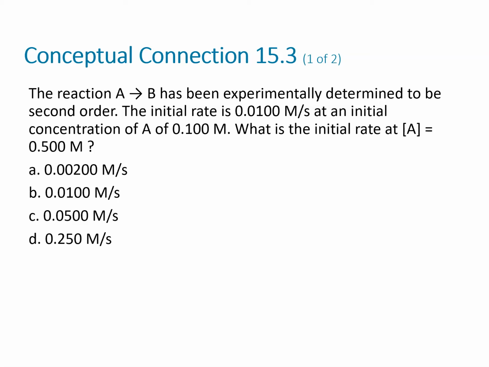So let's check in on this concept. The reactant A goes to product B, has been experimentally determined to be second order. The initial rate is 0.0100 moles per liter per second at an initial concentration of A of 0.100 moles per liter. What is the initial rate of A?